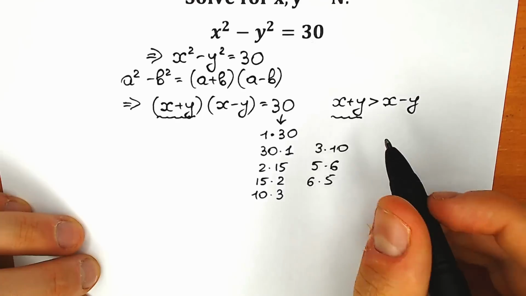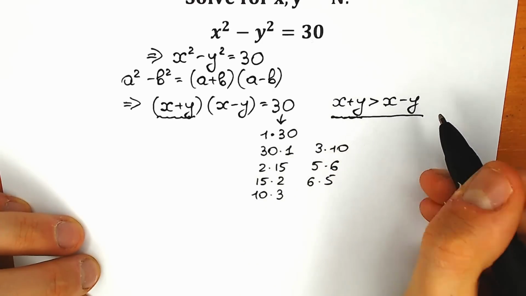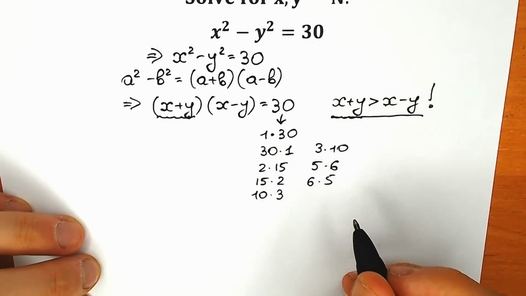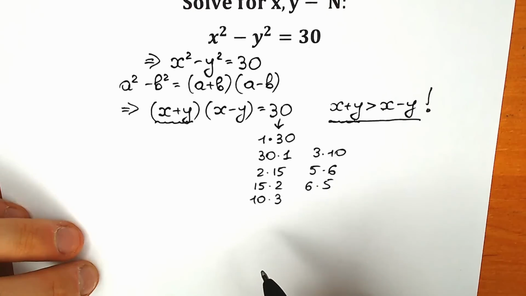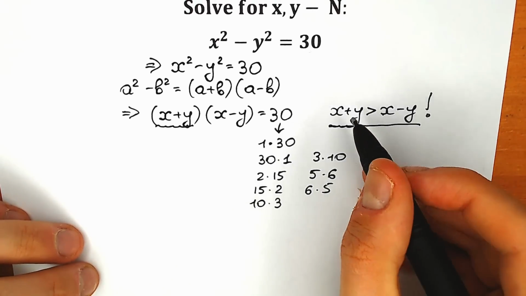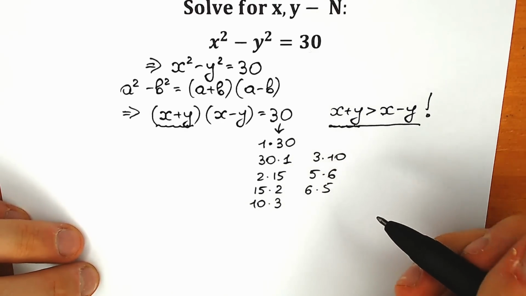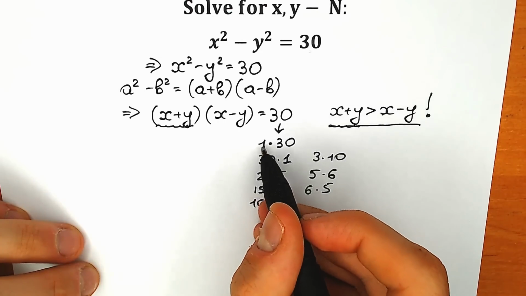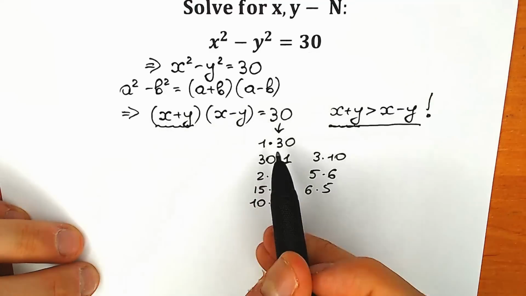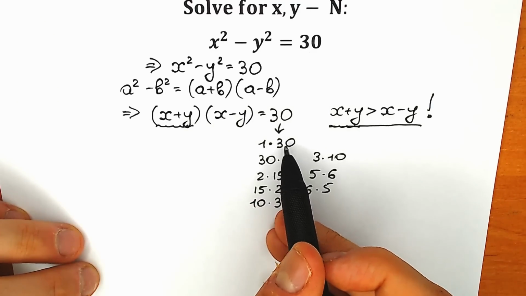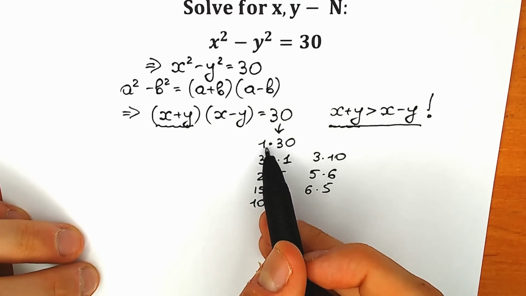And why is this important? A lot of students forget about it and check all of these cases. But if you look closely, one value needs to be greater than the other. We have addition in the first position, so we are interested only in cases where the first value is greater.